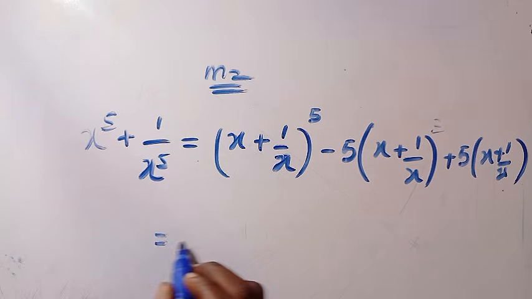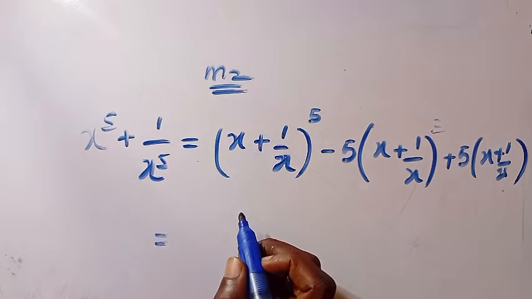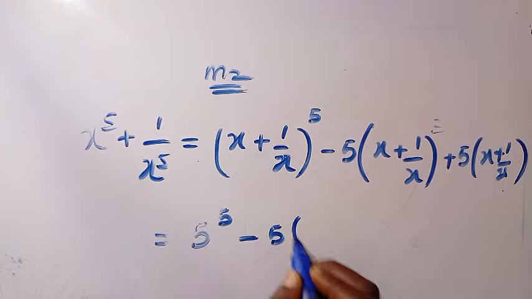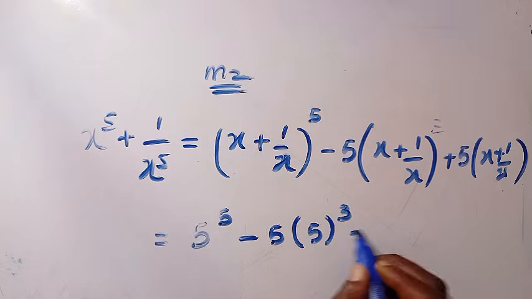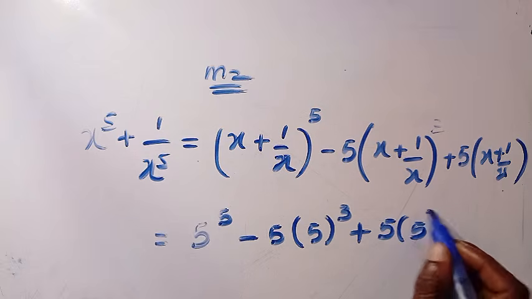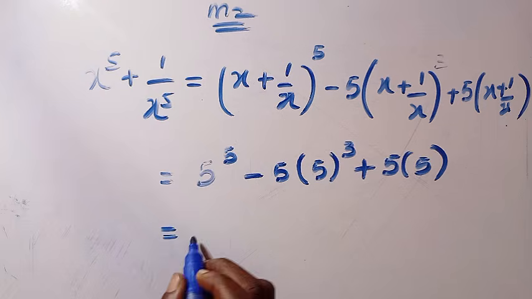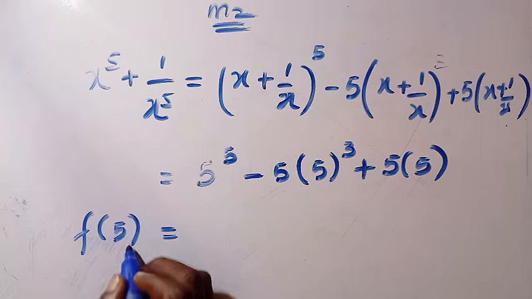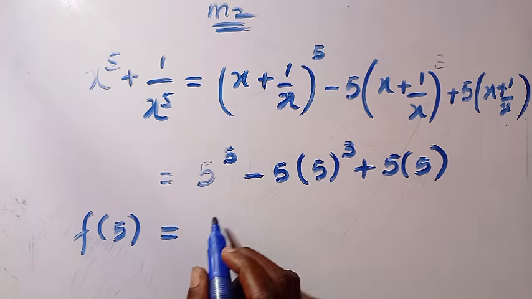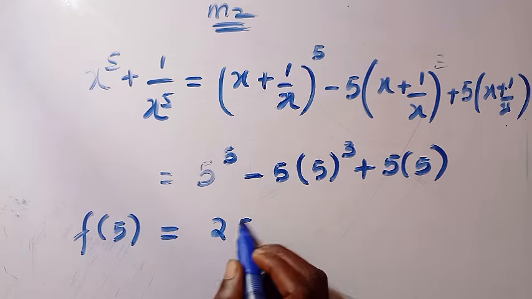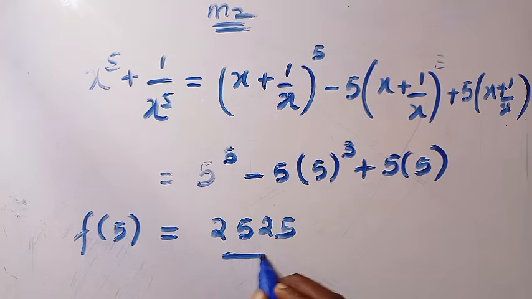Substituting x plus 1 over x as 5, we have 5 raised to the power 5 minus 5 times 5 raised to the power 3 plus 5 times 5. Multiplying all these together, we get f of 5 equals 2525.